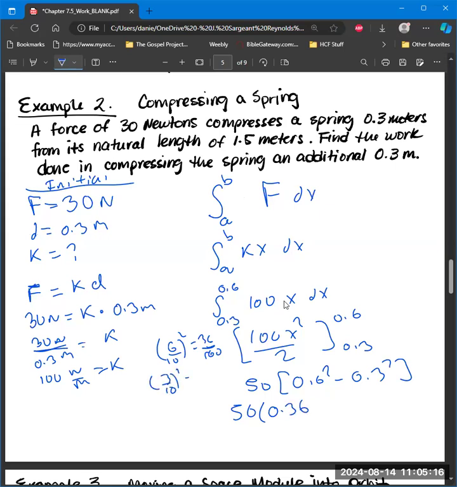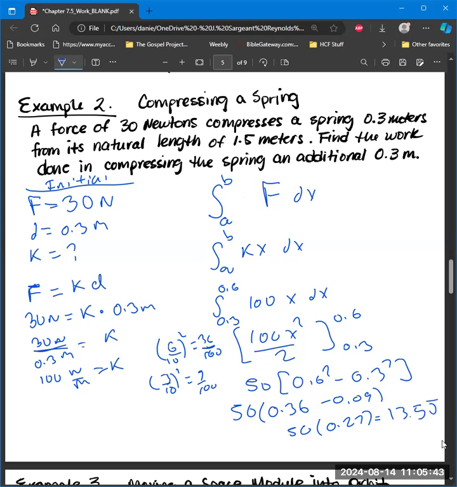10ths squared, 900ths. 50 times 0.27 is 13.5.